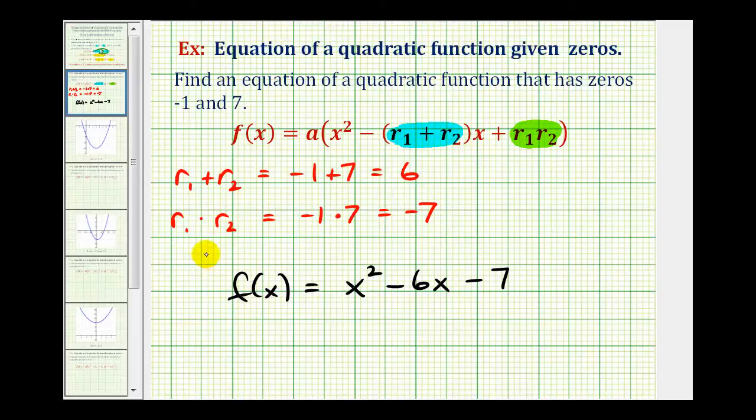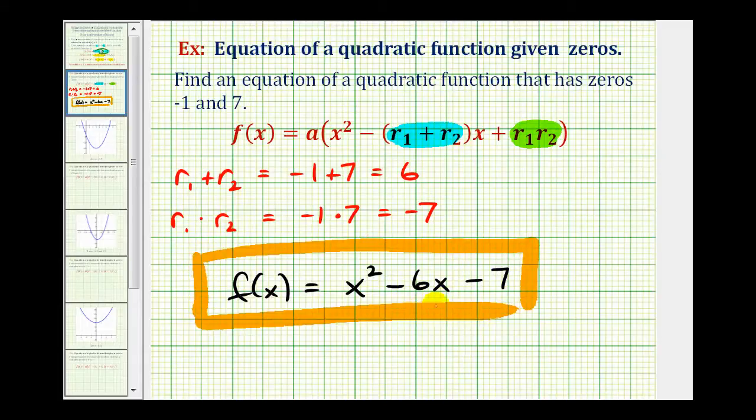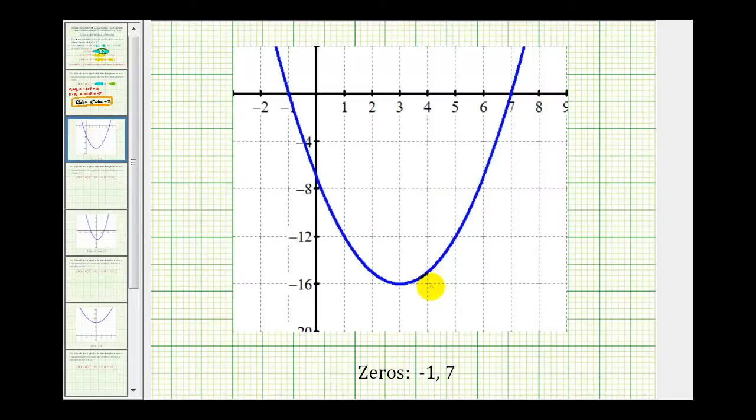And this is our quadratic function that has the given zeros. To verify this, we can graph this function and make sure it has x-intercepts of -1 and +7. So here's the graph of our function. And again, notice it does have x-intercepts of -1 and +7, verifying our function is correct.